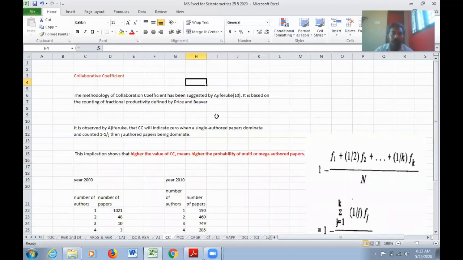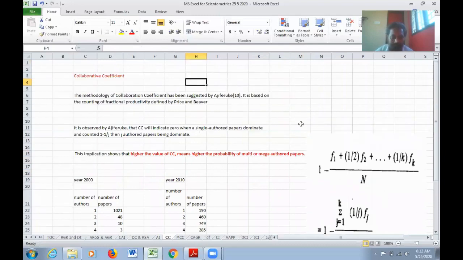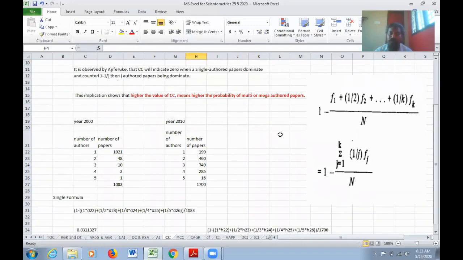Then comes the collaborative coefficient, which was invented by Ajay Ferruke long back, and this is based on the fractional weightage given to different kinds of authorship pattern. Sometimes we cannot give equal weightage to all the authors. How can you give 1 mark to an author for a paper written by himself, a single author?